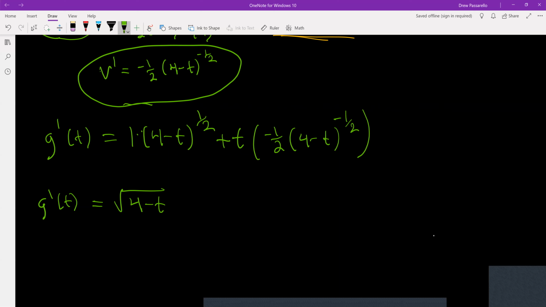Then I'm going to have minus, and so that it'll be t divided by 2 times 4 minus t to the 1/2. All right, and because it was a negative 1/2, I brought it down to the denominator to make that positive 1/2. But we already know that raising something to the 1/2 is taking the square root. So I'm going to go ahead and just write it as the square root of 4 minus t on the denominator.